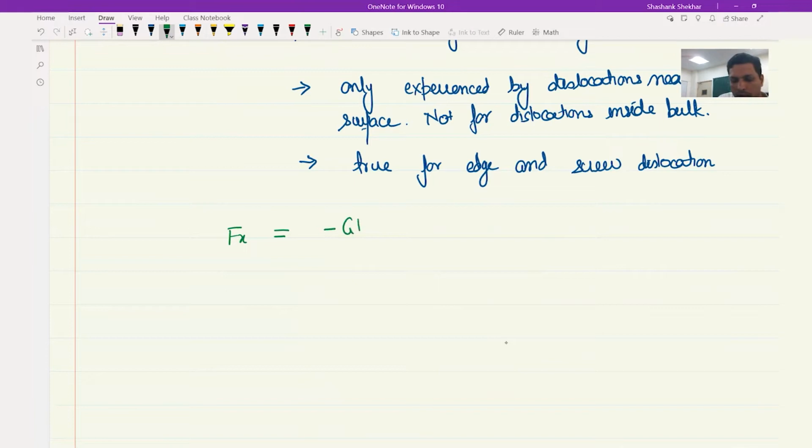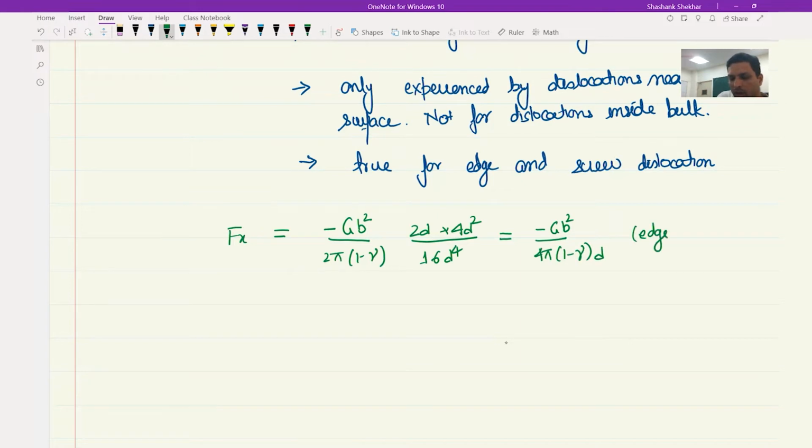It is an attractive force. You can go back to the equation and you will see we will have a relation like this. So y is equal to 0, only x is the distance here, which is equal to 2d, into 4d squared divided by 16 d to the power 4, which becomes minus G b squared by 4 pi (1 minus nu) d.